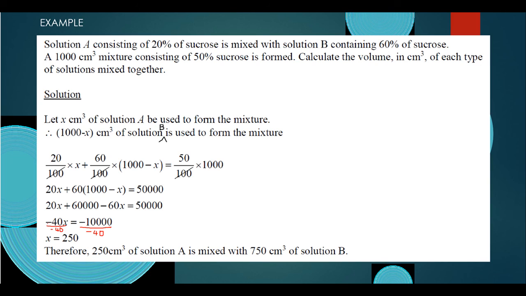So here minus 40 cancel out each other, giving you x, and then right hand side minus 10,000 divided by minus 40 will give you a result of 250. So the conclusion is therefore 250 cm cube of solution A is mixed with 750 cm cube of solution B.